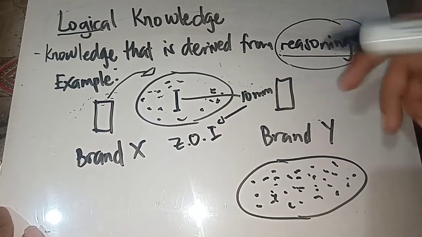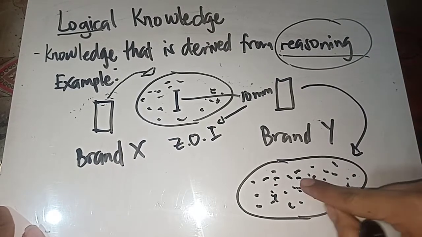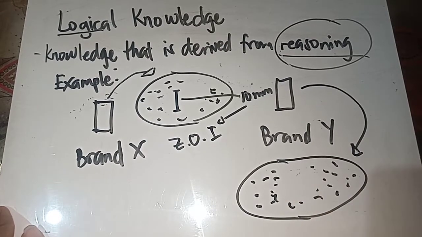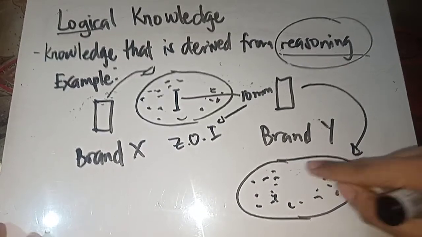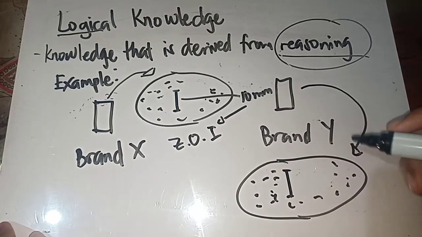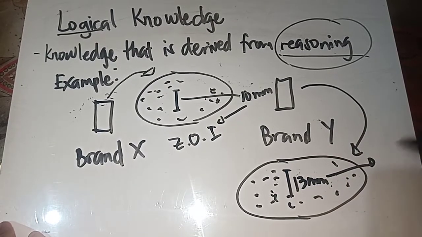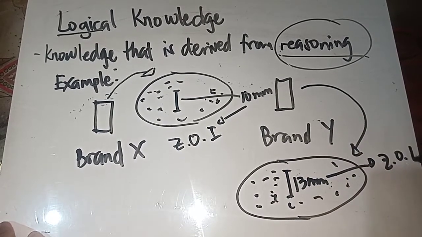Okay, now, suppose you applied brand Y in this petri dish, then it produced a diameter of 13 millimeters. So this 13 millimeters is the zone of inhibition, the measurement of zone of inhibition.